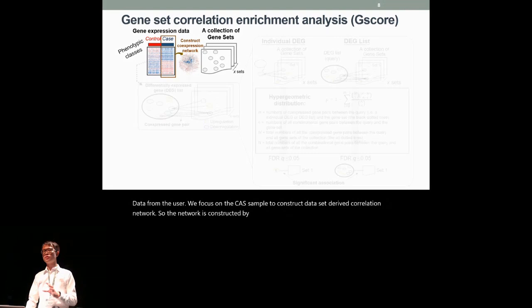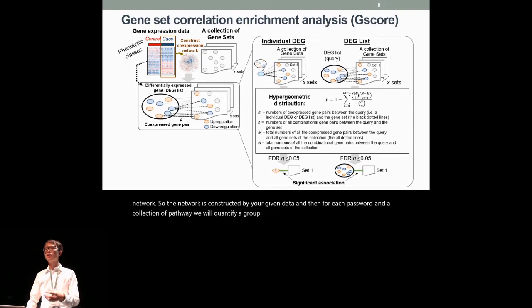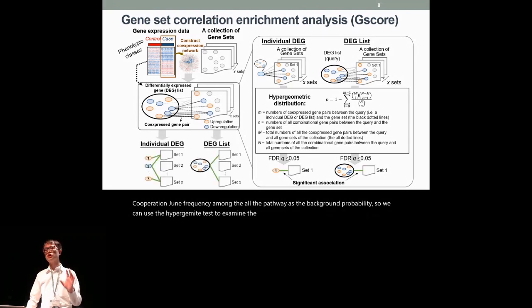Then for each pathway in a collection of pathways, we quantify a group of genes, meaning the DEG list, or individual genes, based on the co-expression gene pair frequency between the query and the certain pathway. The query includes the DEG list or its individual members. We also compare this to the co-expression gene pair frequency among all the pathways as the background probability. So we can use the hypergeometric test to examine the significance, not only for the DEG list, but also for each individual gene.